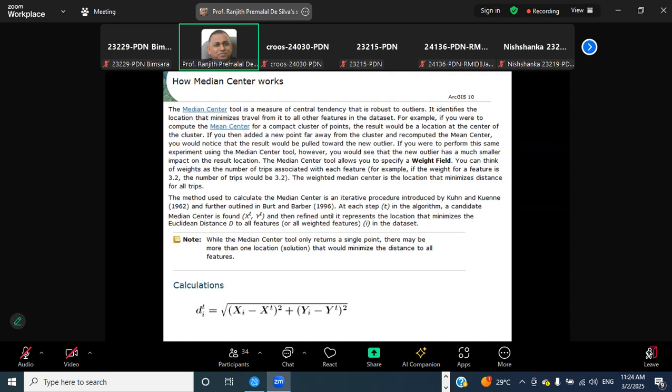That is the textbook that I recommended, Burt and Barber. At each step t in the algorithm, a candidate median center xt, yt is found and then refined until it represents the location that minimizes the Euclidean distance d to all features in the dataset.